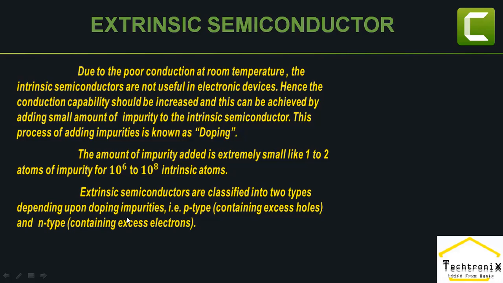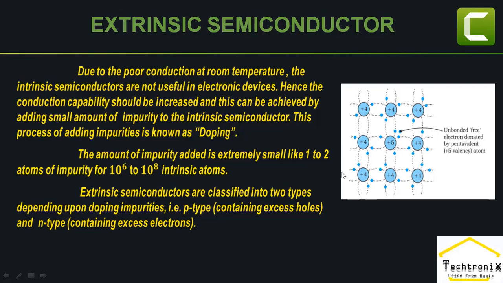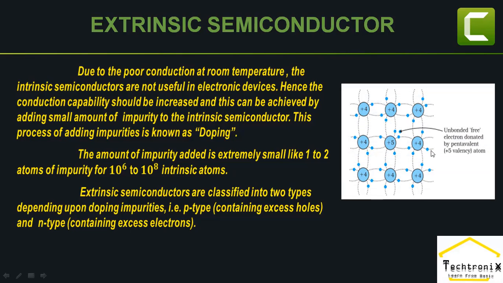Extrinsic semiconductors are classified into two types depending upon doping impurities, which are P-type containing excess holes and N-type containing excess electrons. So let us understand the extrinsic semiconductor better by a picture.